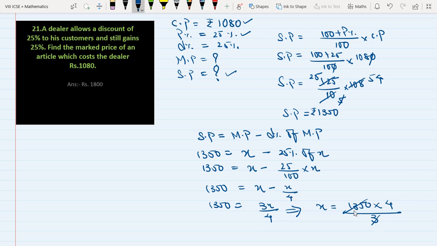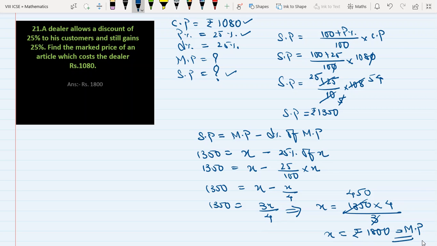Now if you cut this, 3 4s are 12, 3 5s are 15, and 0. 450 multiplied by 4 is equal to rupees 1800, which is your marked price.